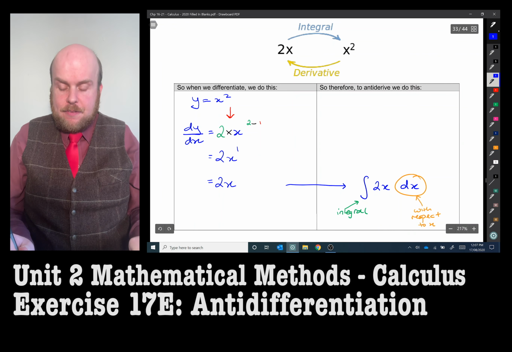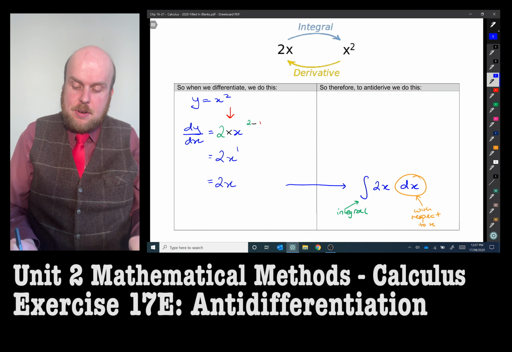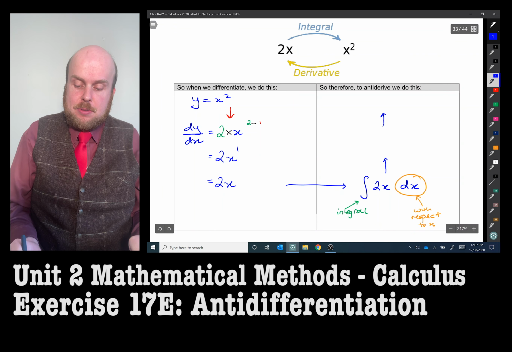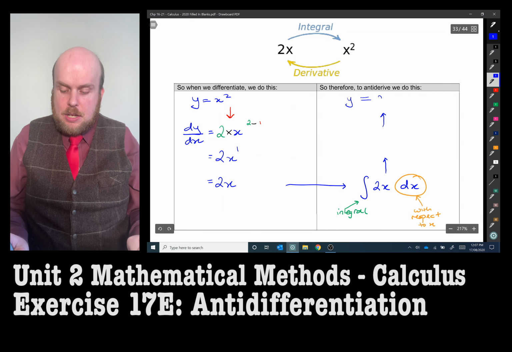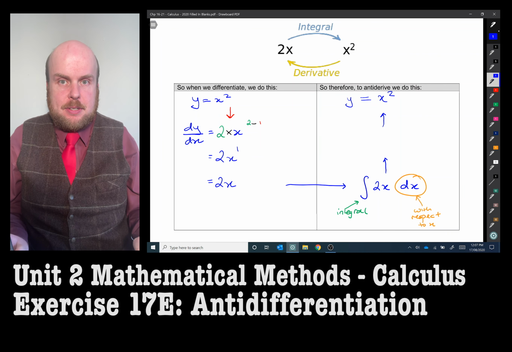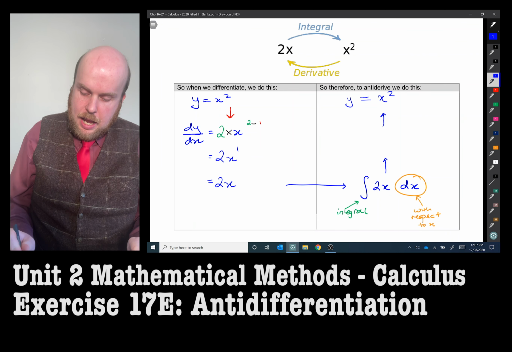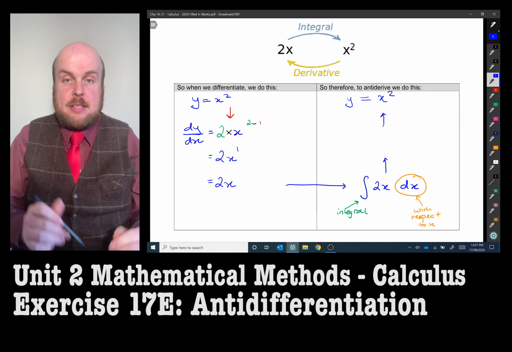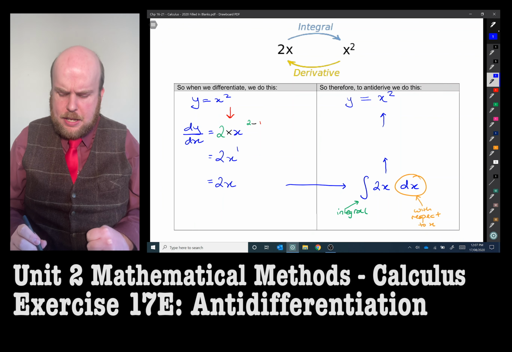So when I'm anti-differentiating, I know that I need to get to my original answer of y equals x squared. So what do I do? I know that the original answer did not have a 2 at the front, and instead of being x, it was x squared.